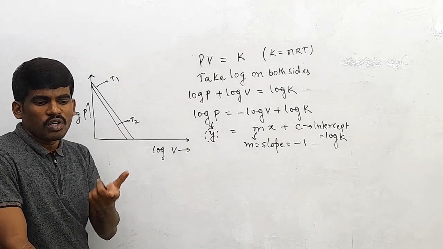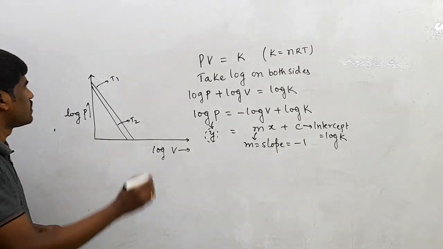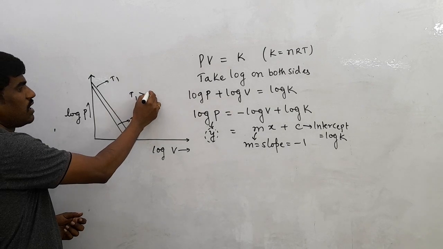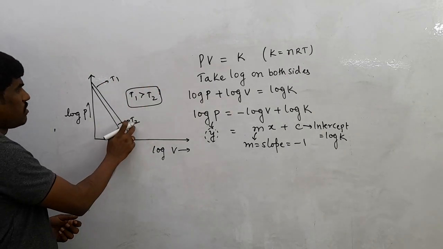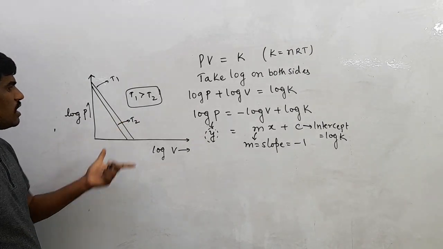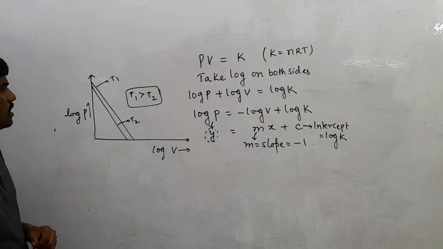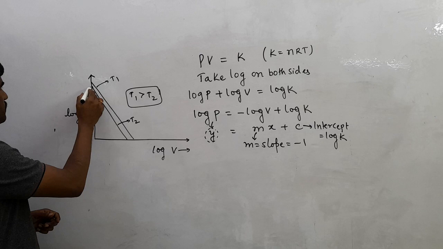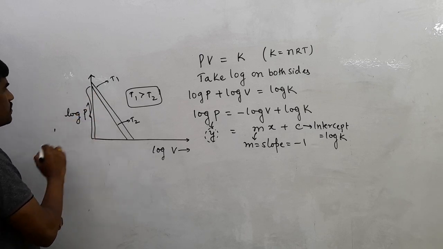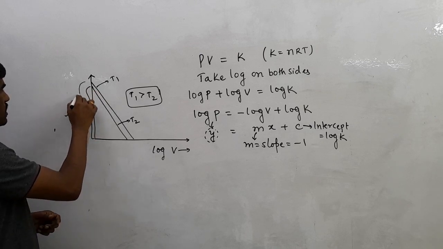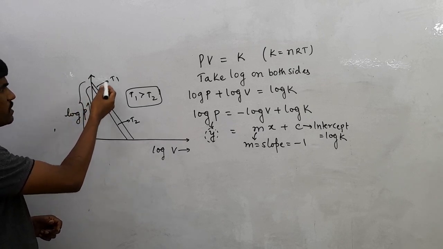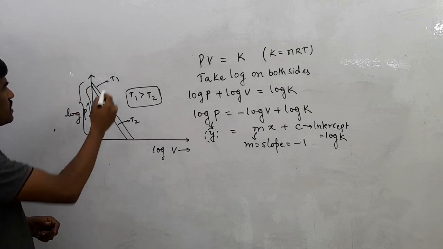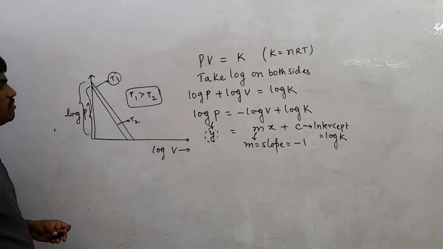In that case, how do you relate both of these? It can be related as T1 greater than T2, the highest temperature is there for this compared to this. So it is all about intercept. This is the intercept for T1 and this is the intercept for T2. Whichever is having higher intercept will be the higher value. That is, T1 is having higher value compared to T2.